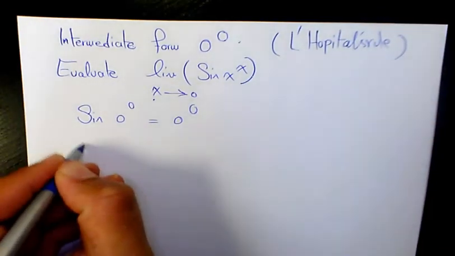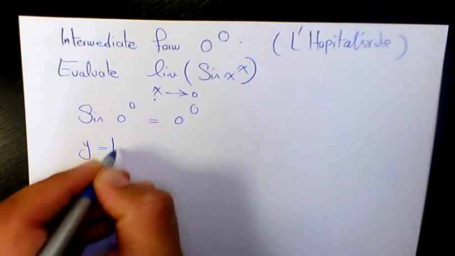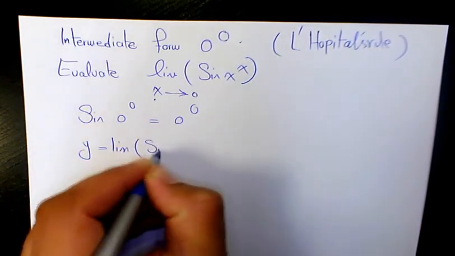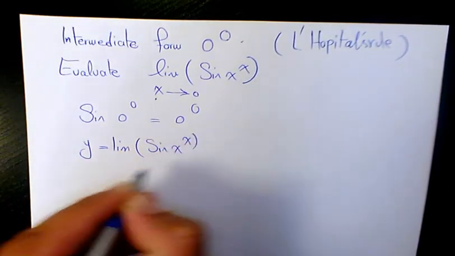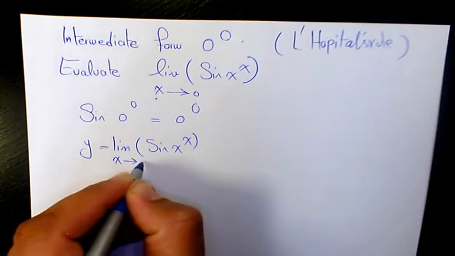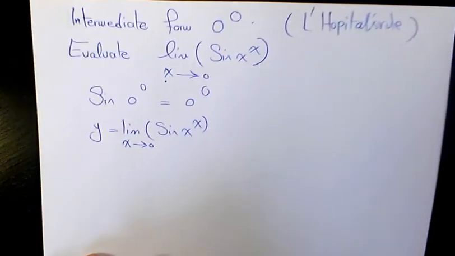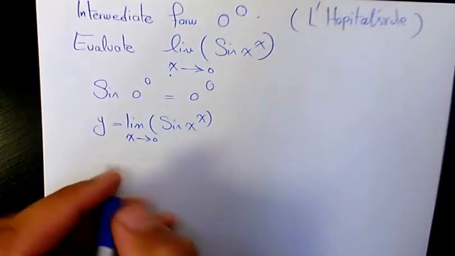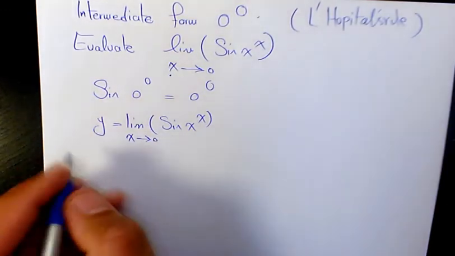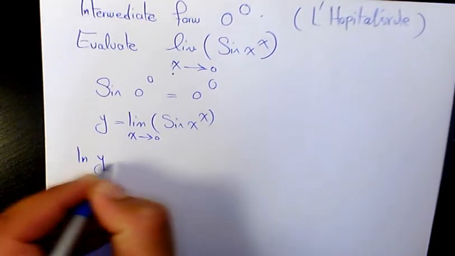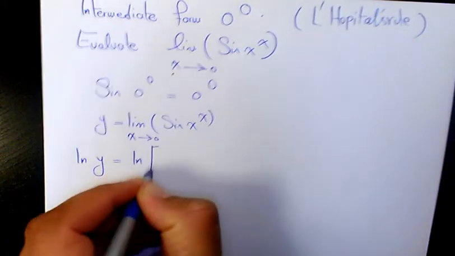I'm going to say y equals the limit of sine x to the power of x when x is approaching 0. Then what you can do is take the ln of both sides, natural logarithm.